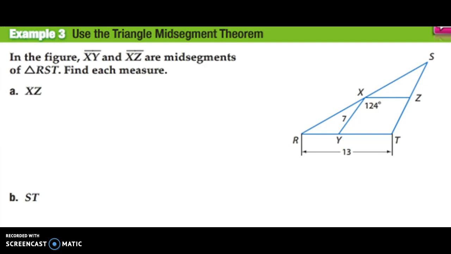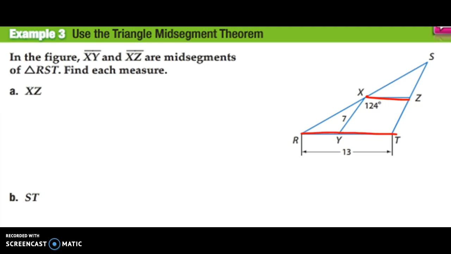Alright, so let's use this information to try example 3. It says in the figure, XY and XZ are mid-segments of triangle RST. Find the length of each measure. So, first off, we're going to have to try and find XZ, this one right here. Well, we know that the whole thing RT has a length of 13.